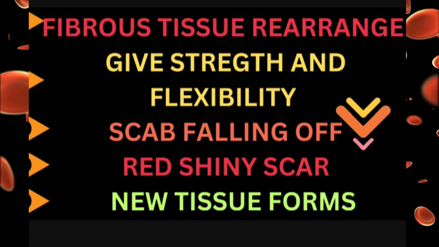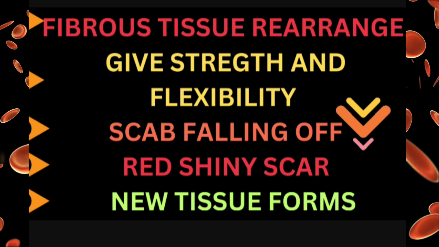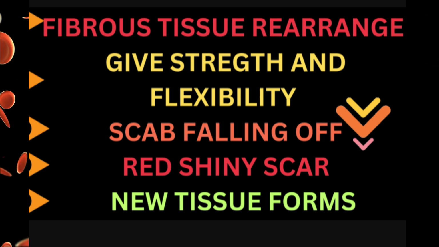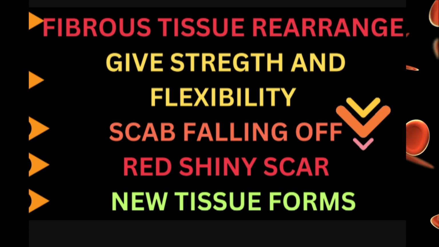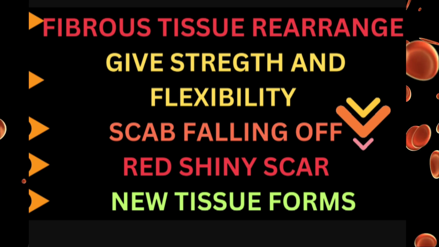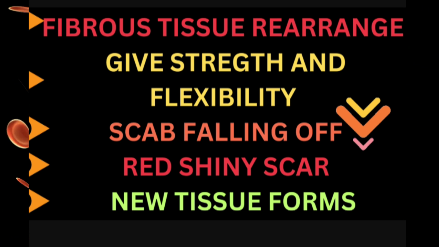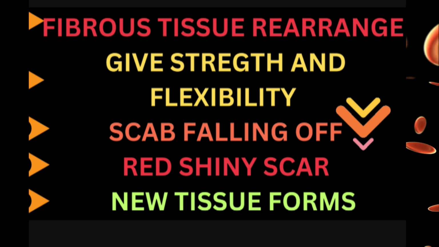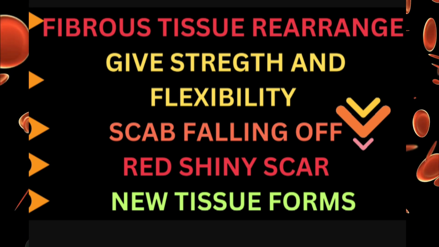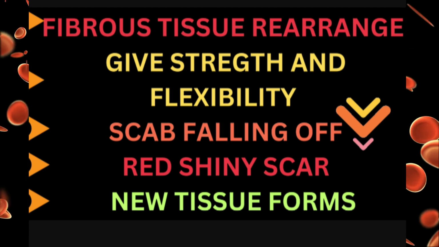Because of that, it gives strength and flexibility to the wound. And the scab that is very dry now starts to fall off, and there's a red shiny scar you will see, and formation of new tissue, the remodeling, everything is rearranged, right? And the formation of new tissue.